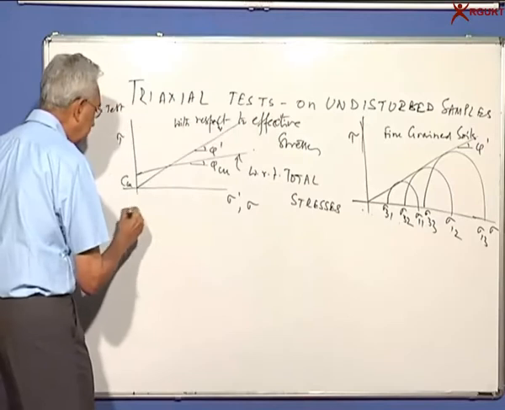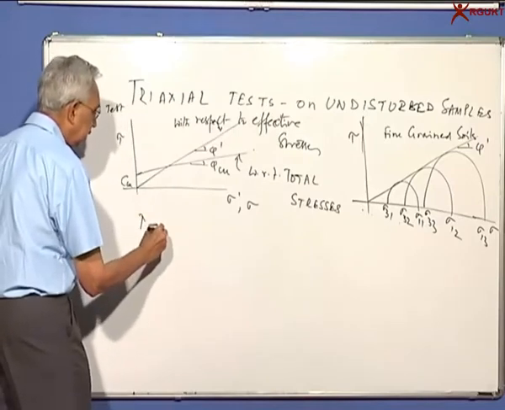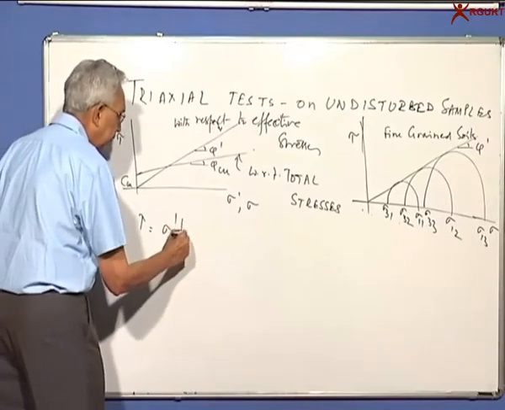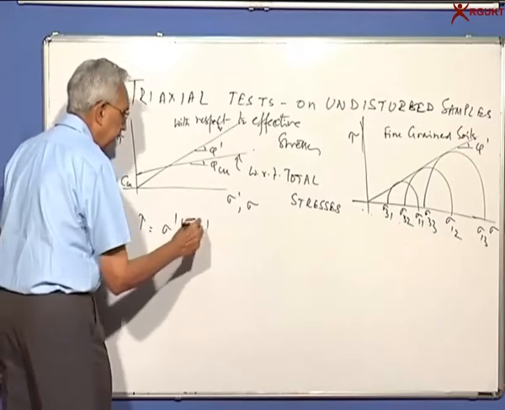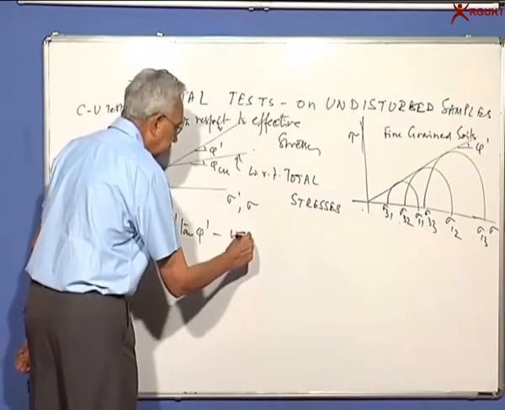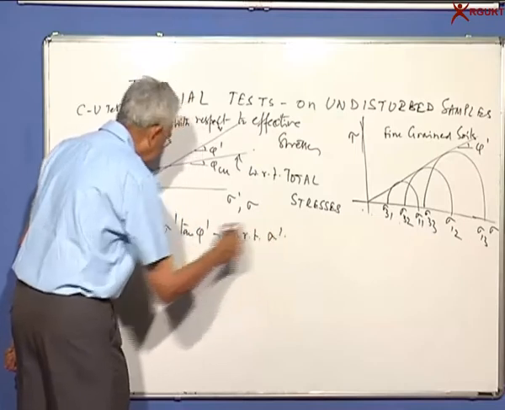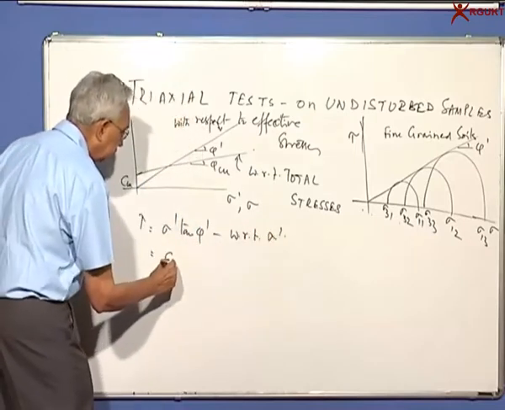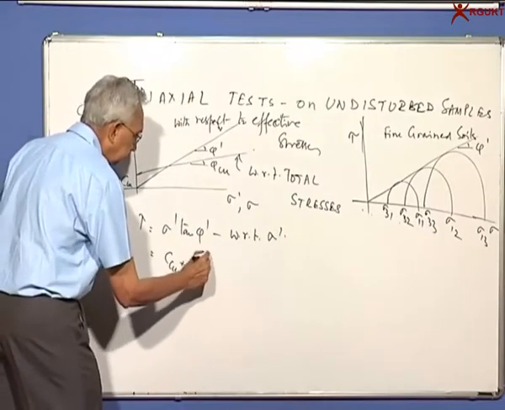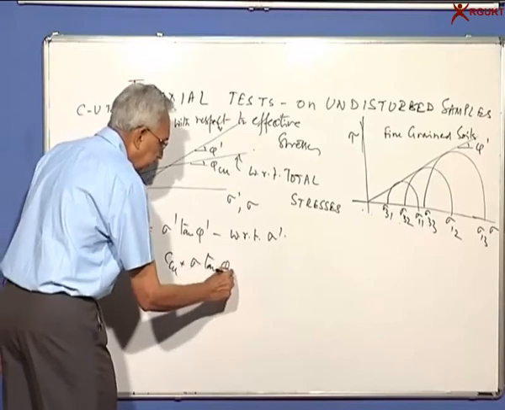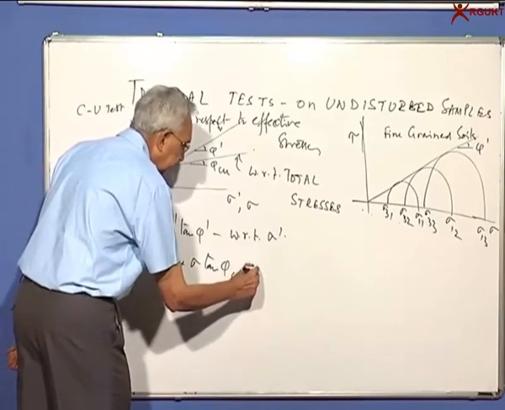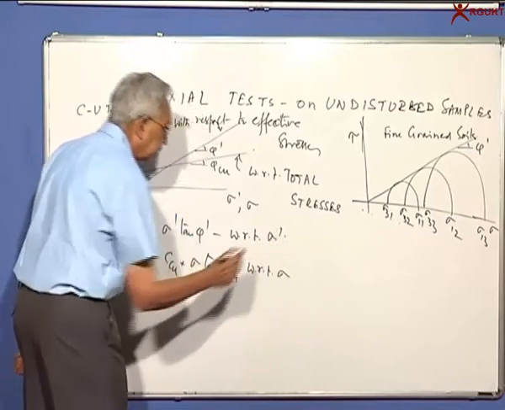So I can say tau is equal to sigma prime tan phi prime with respect to effective stresses, whereas this is equal to c_CU plus sigma tan phi_CU. This is with respect to total stresses.